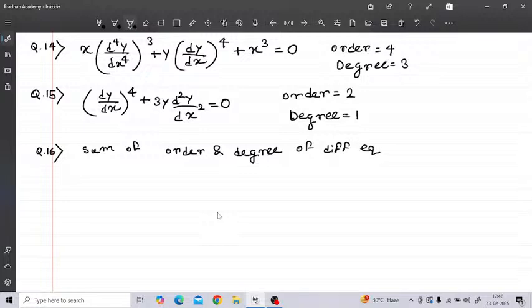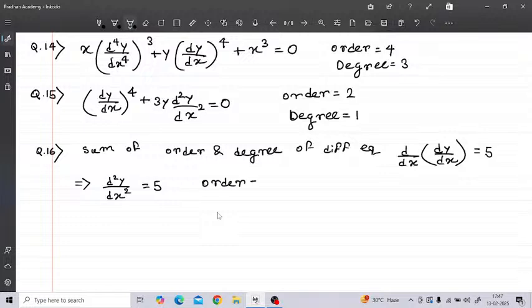Our given differential equation is d/dx (dy/dx) equals 5. Now differentiate this side. Here the order is 2 and degree is 1.